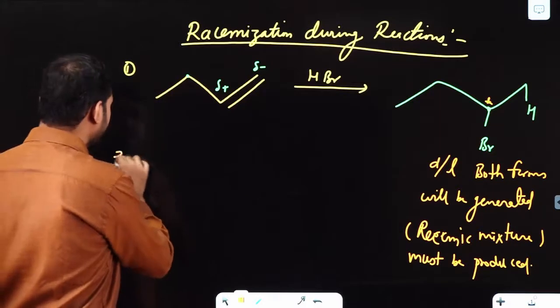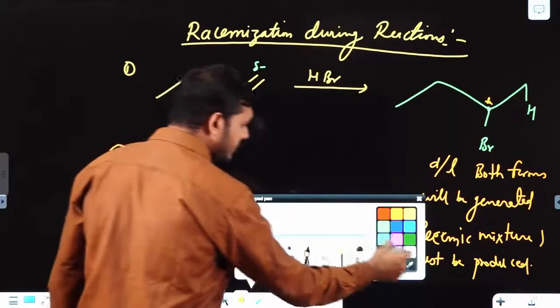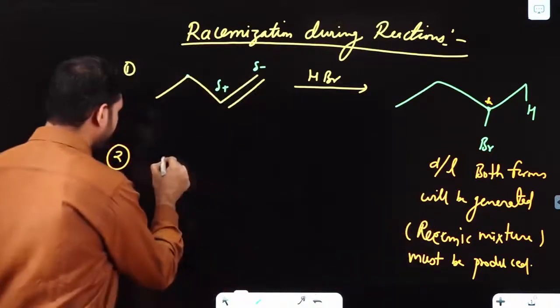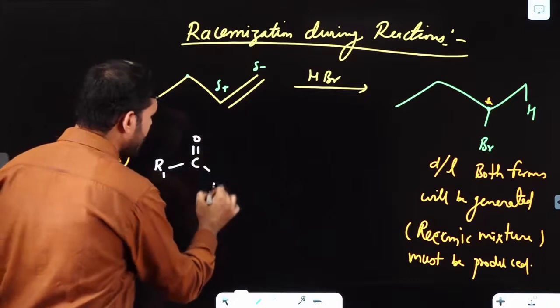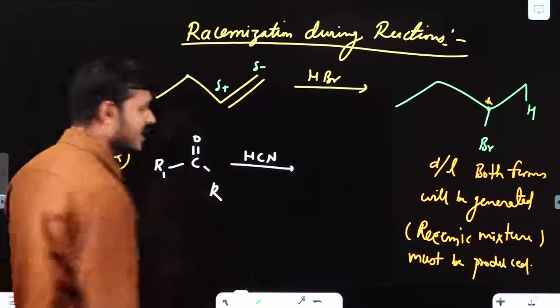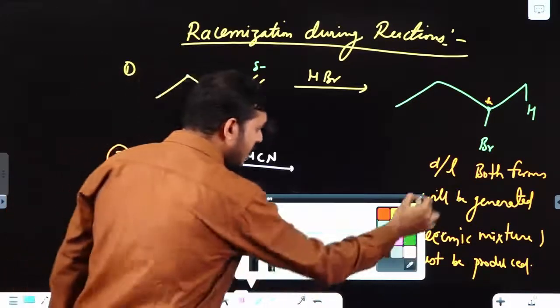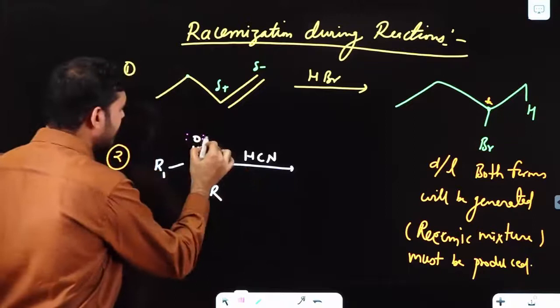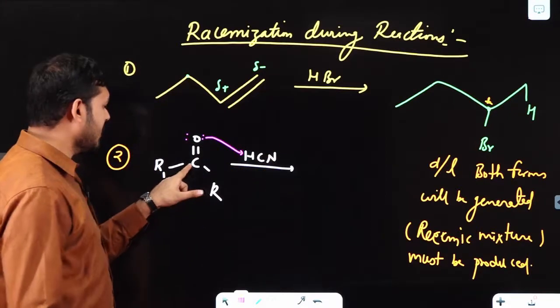Second, one more example. If I see R1, C double bond O, R2, when it reacts with HCN, what will happen? Here you have the nucleophile oxygen part, it attacks this hydrogen, and then the CN minus part will combine with this carbon.